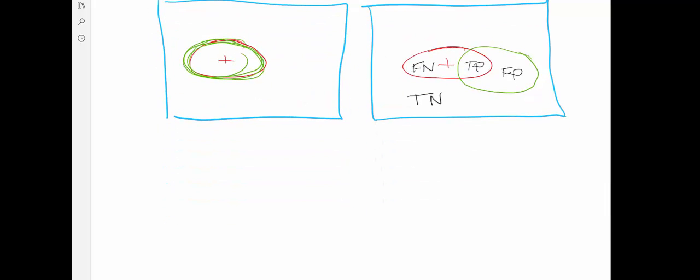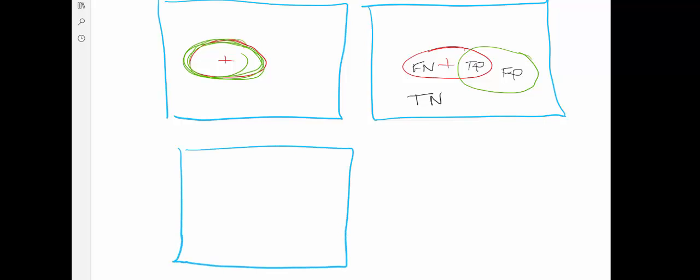So let's say for the moment that we have a situation. Here is all of our people. These are the people who actually have the disease. And let's say for a moment that we have a test that performs like this. So let's just kind of look through it and say, hey, what could be going on here?